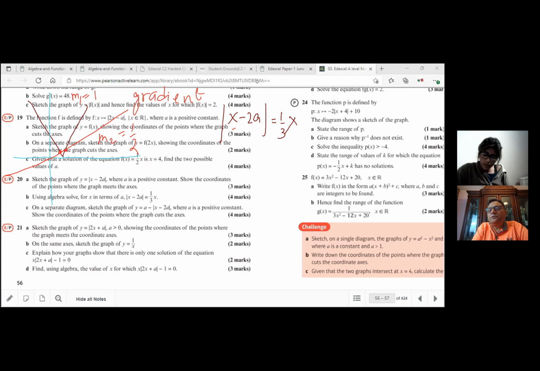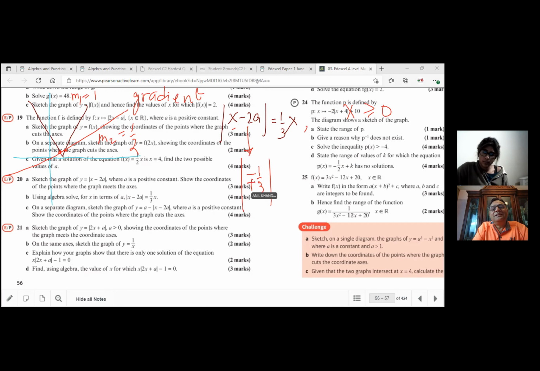In absolute value terms, we see both x values are positive, right? It intersects when x is greater than or equal to 0, so both x values are positive. So this should be equal to the absolute value of minus or plus.